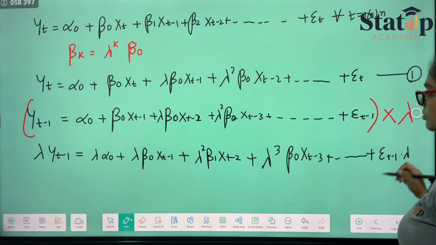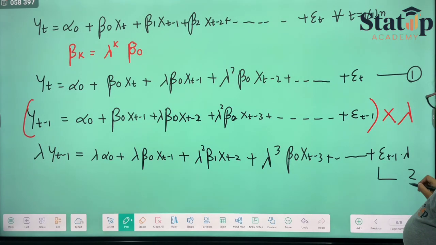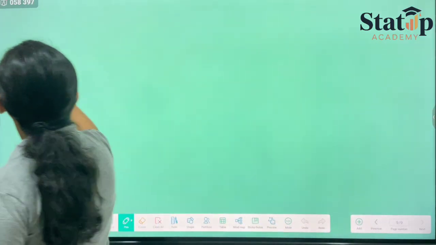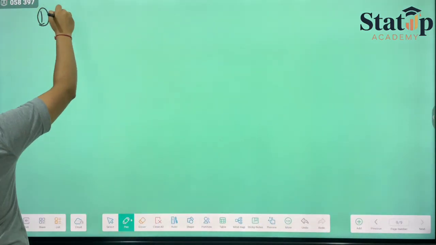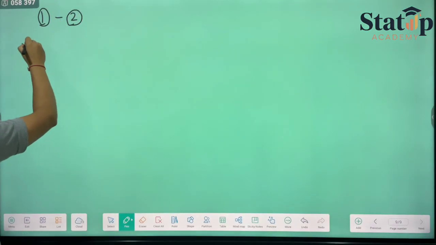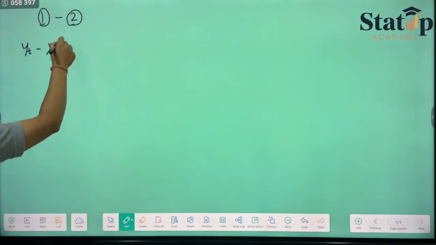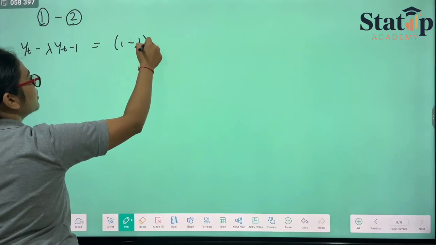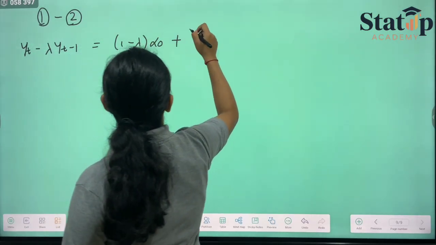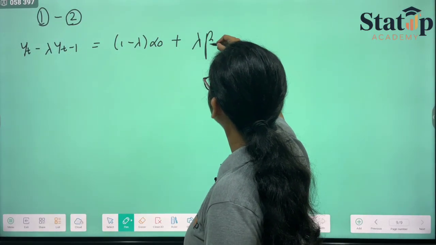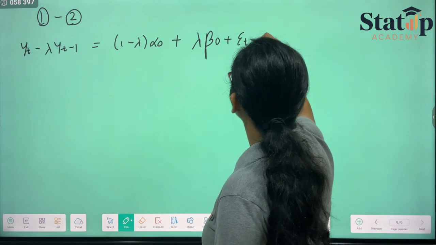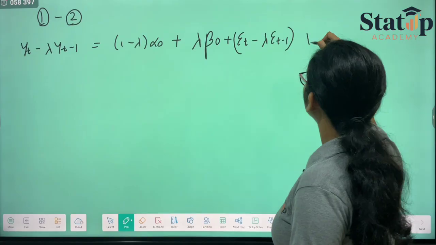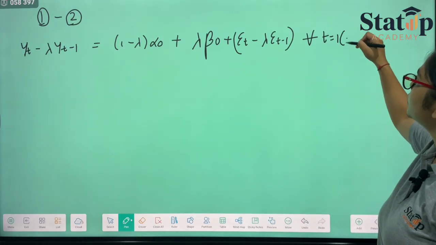Let this be equation number 2. So we will subtract equation 2 from equation 1. This becomes yt minus lambda yt minus 1 is equal to (1 minus lambda) alpha naught plus beta naught xt plus epsilon t minus lambda epsilon t minus 1 for all t from 1 to n.